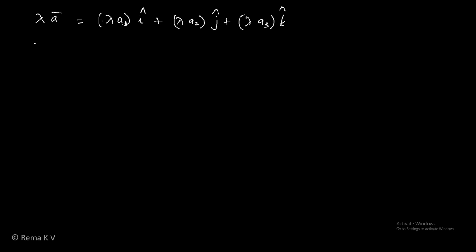And also we can define the distributive property here. Let A and B be two vectors and K and M be any two scalars.